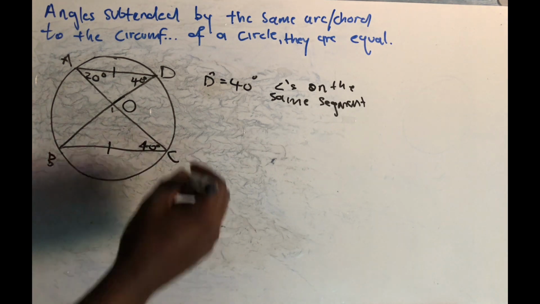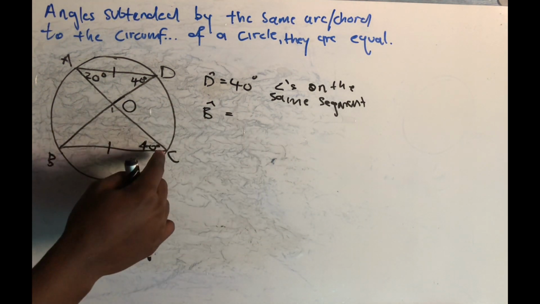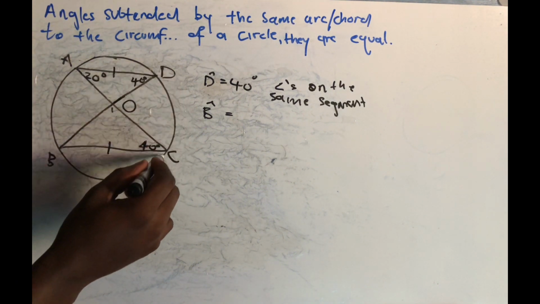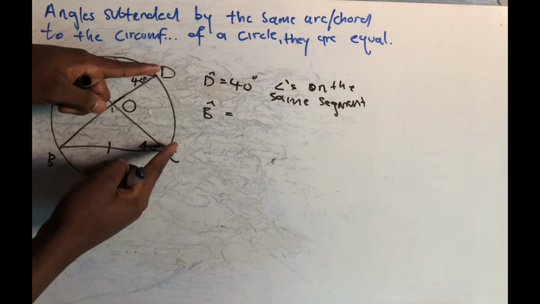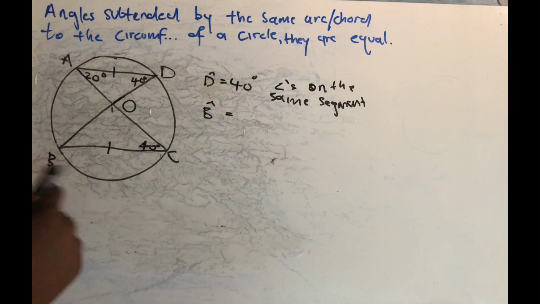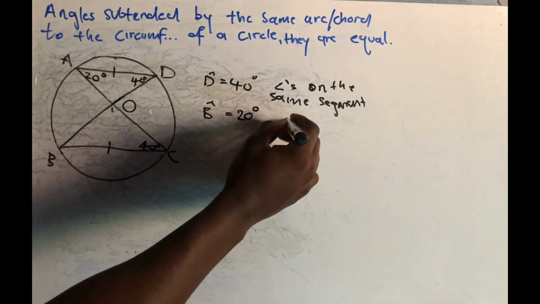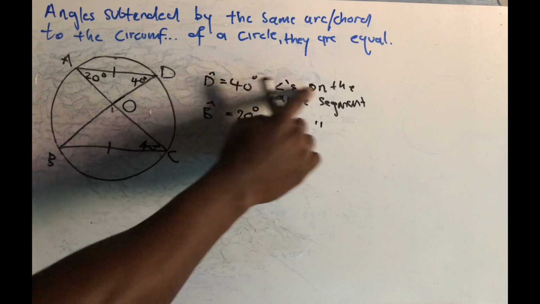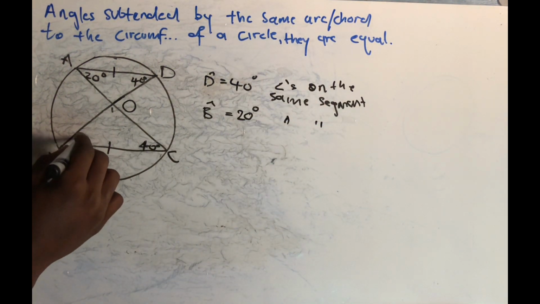And then what's angle B? We can see that CD is an arc. It subtends an angle to A, and also subtends another angle to B. But A is 20, that means B is 20 as well. Your reason is the same: angles on the same segment. And then now we have 20 here.